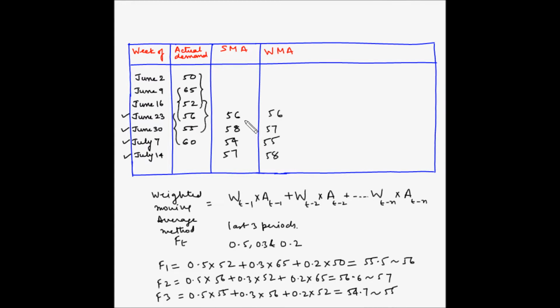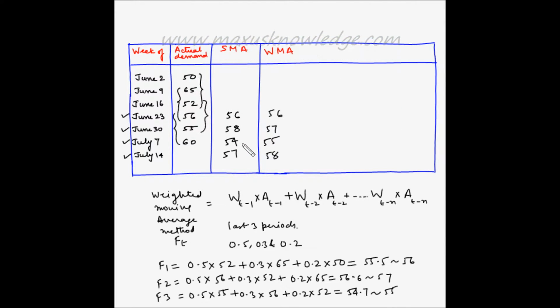So we have found out the forecast using the simple moving average and weighted moving average, and as we can see, there is a difference. For June 23rd, both are the same, 56 and 56, but for June 30th, simple moving average gives a forecast of 58, while weighted moving average gives a forecast of 57.